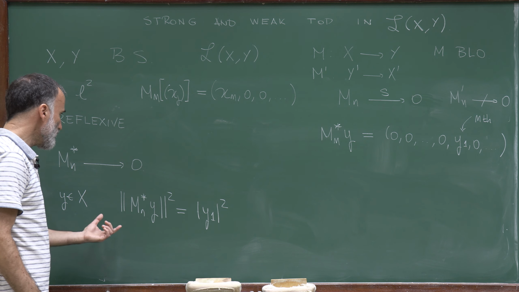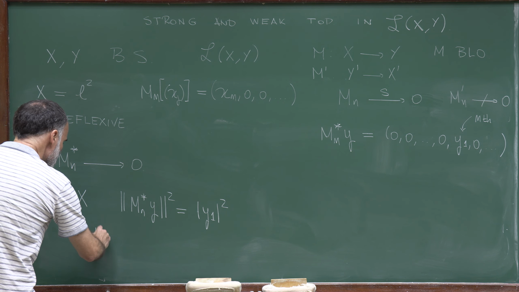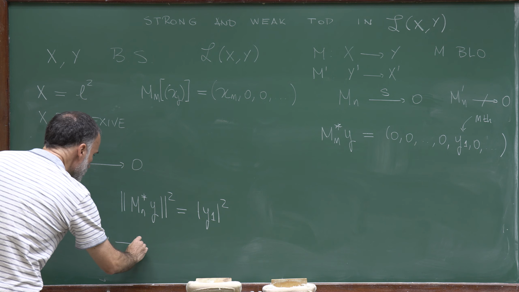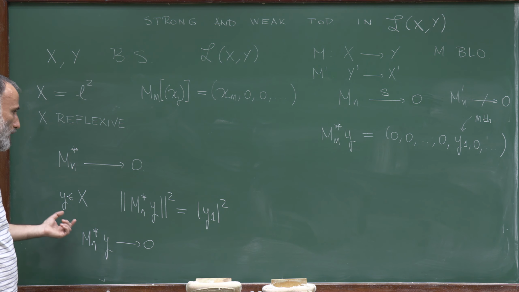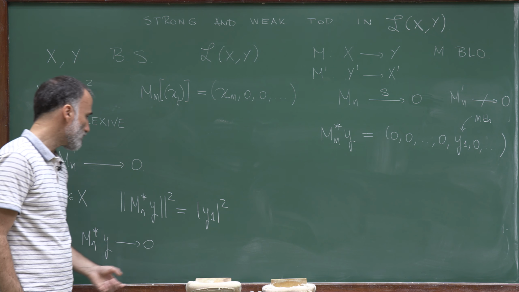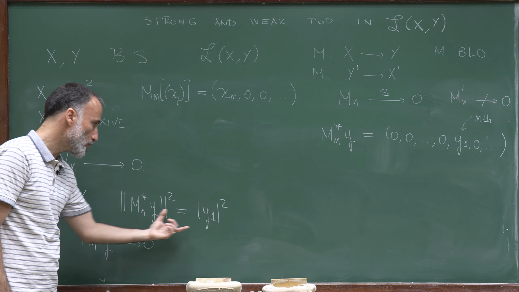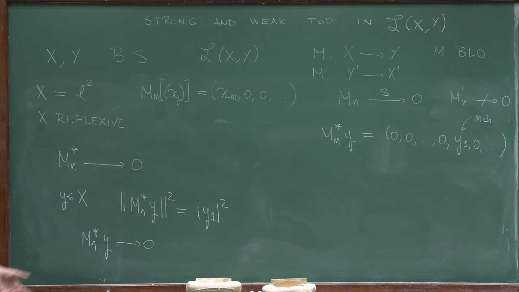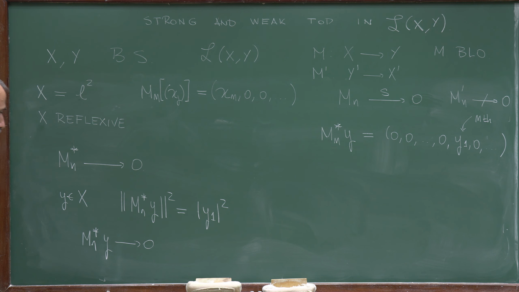So it's not true that Mn star y converges to 0, because if you take a sequence y such that y1 is different from 0, Mn star y does not converge to 0, because its norm does not converge to 0. Its norm is a constant equal to y1 squared.